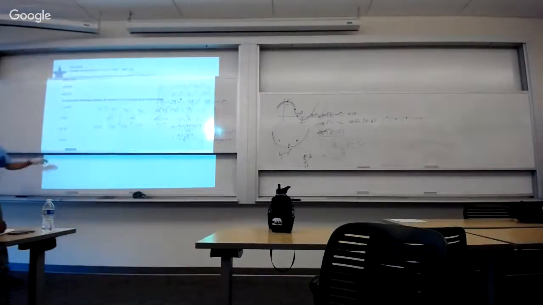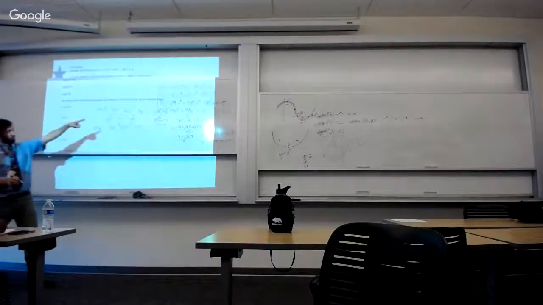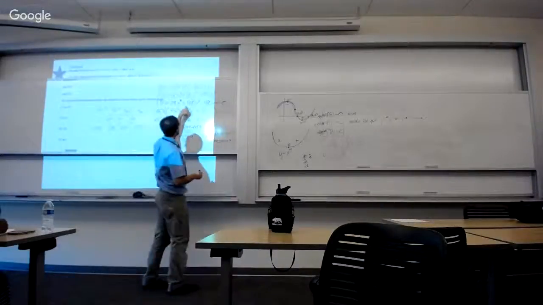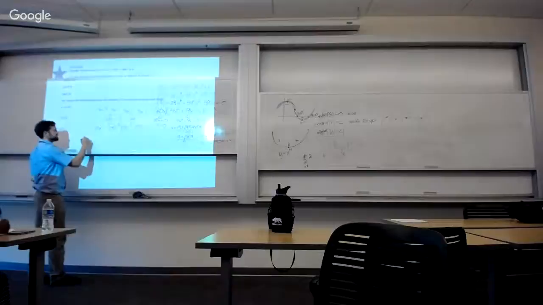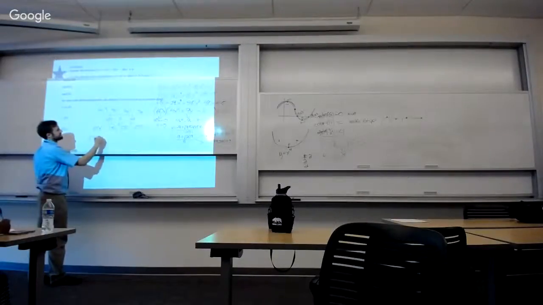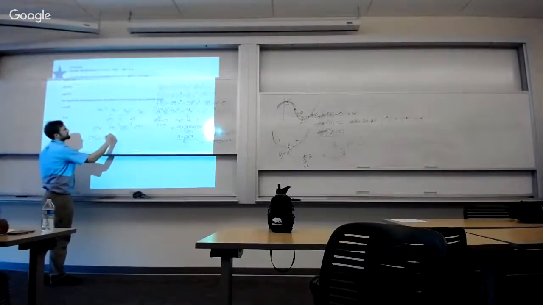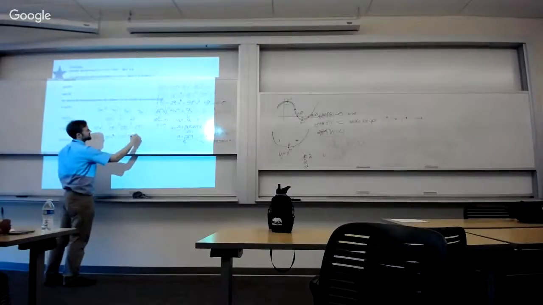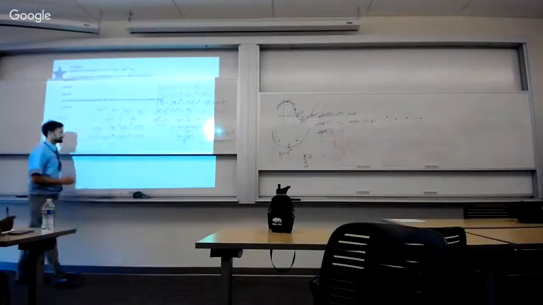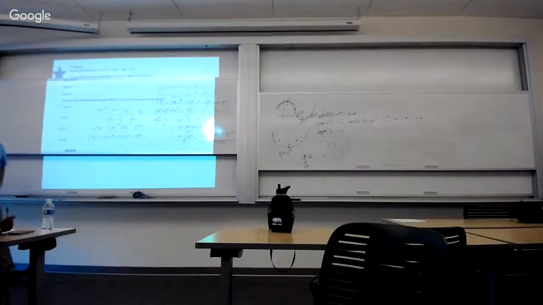We already have our function here, so I'm going to write that down once. F double prime of x is 240x cubed plus 540x squared minus 40x. I don't think there's too much mental gymnastics we can do to figure this one out. I think we just have to plug these numbers into the calculator.